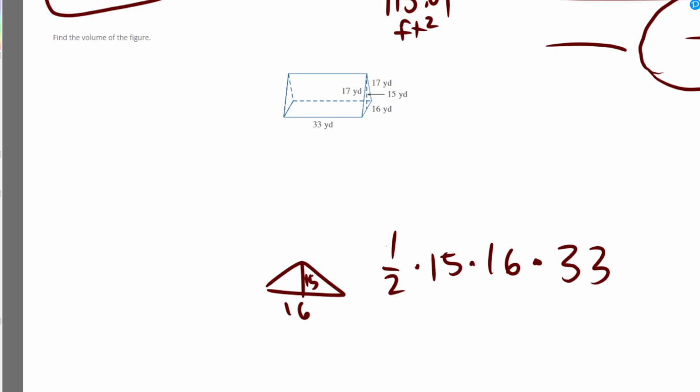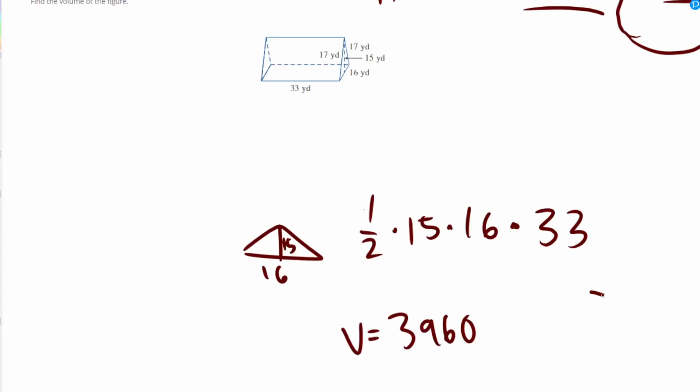That should give you 3,960 yards cubed. The two 17s right here are for if you were trying to figure out the surface area. But when you're figuring out the volume, you do not need those 17s. All you need is the 15 and the 16 and the 33, because it's 1/2 base times height times length.